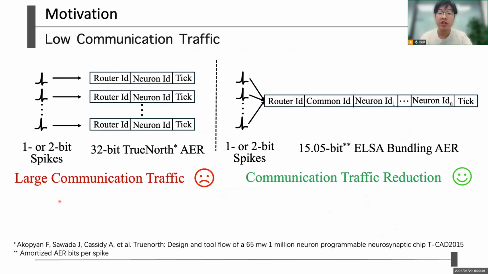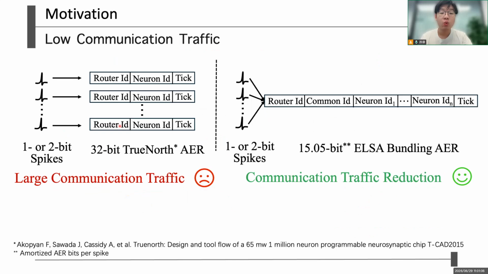Then, for the communication in network-on-chip, the AER, address event representation, is widely used in previous neuromorphic hardware, such as TrueNorth, Loihi, Darwin, or PyCore, to enable event-driven computation on hardware.